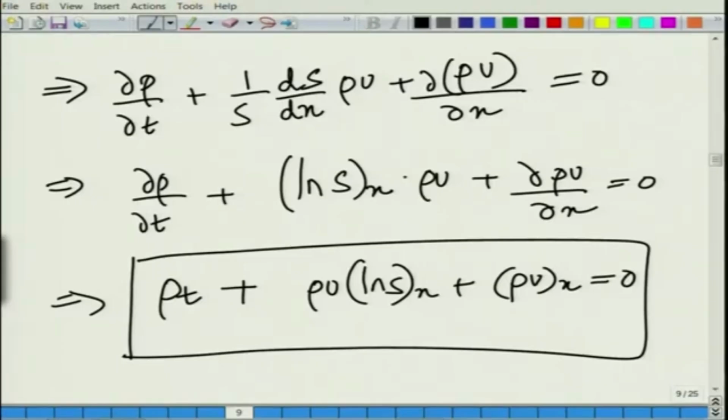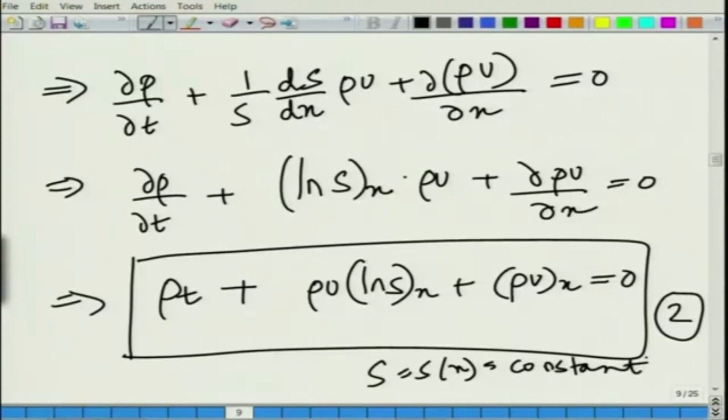So, we get equation number, let us say, 2. One corollary that can be easily seen from this equation 2 is that when S is equal to S x is equal to constant, as we saw, then of course this term goes away, what I have been talking about in the last class. So, we get back your old continuity equation for a uniform duct.